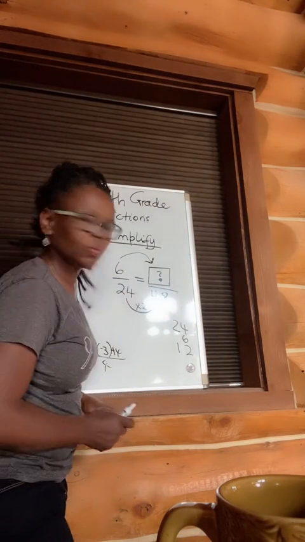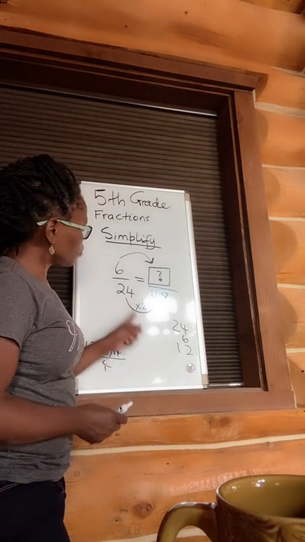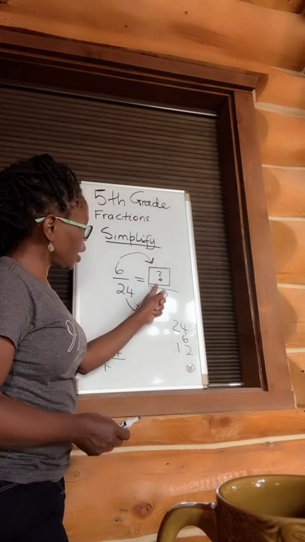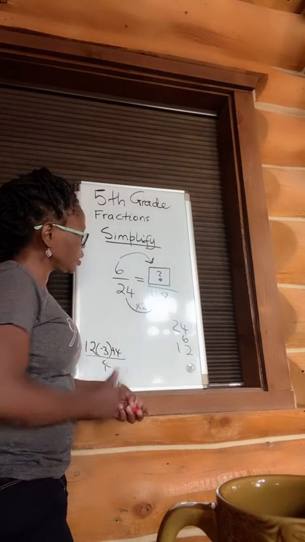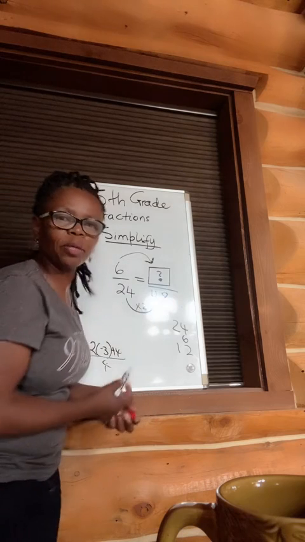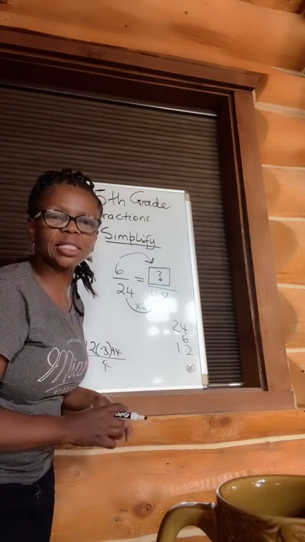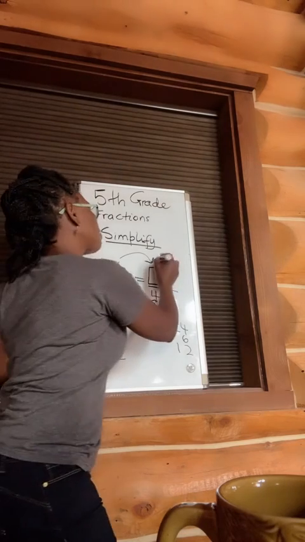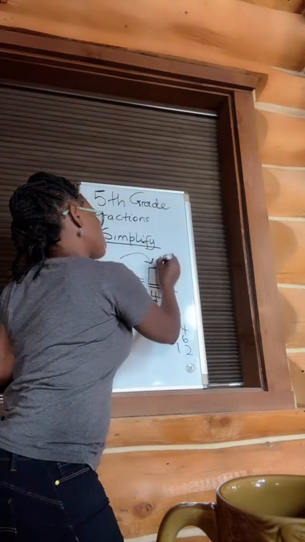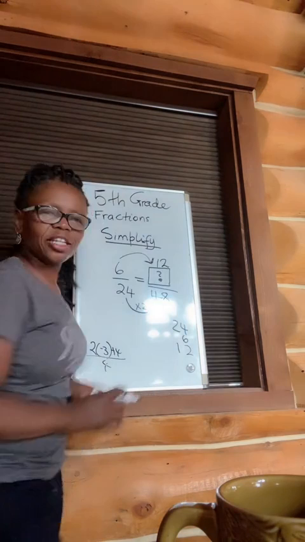What we do on the bottom, we will do at the top. And what's 6 multiplied by 2? 6 multiplied by 2 is 12. Good.